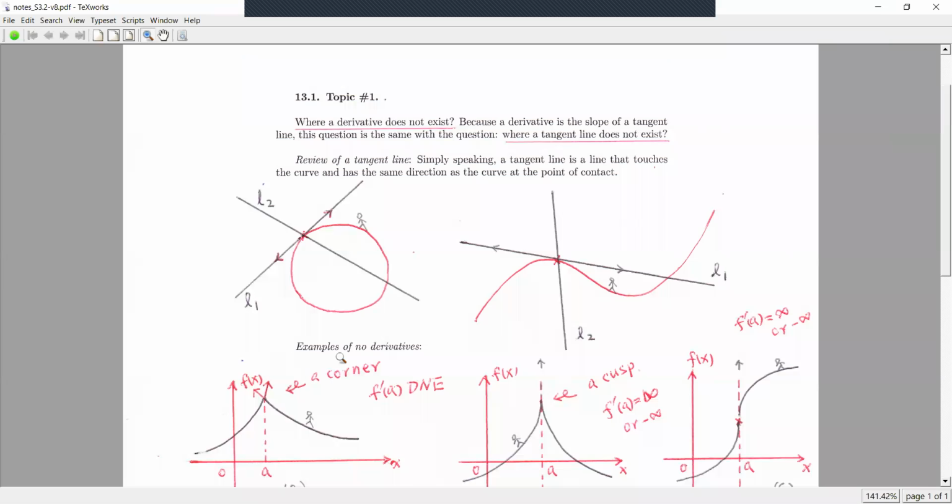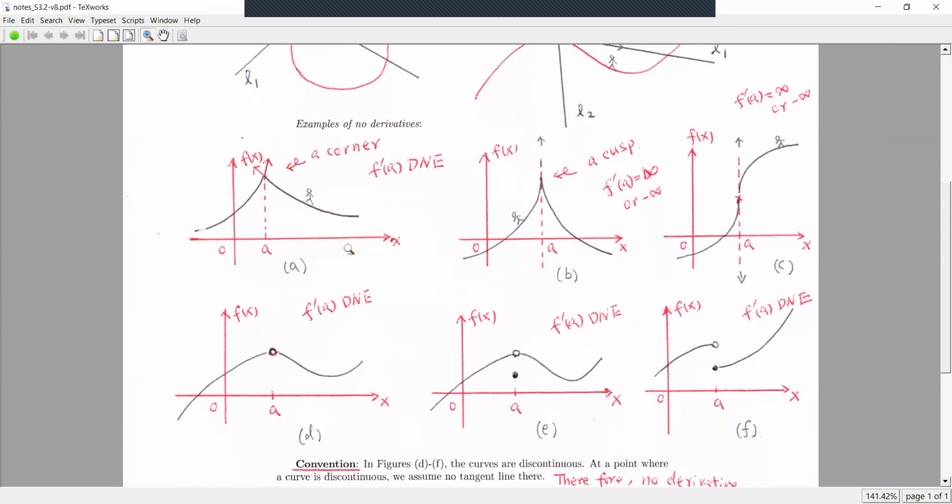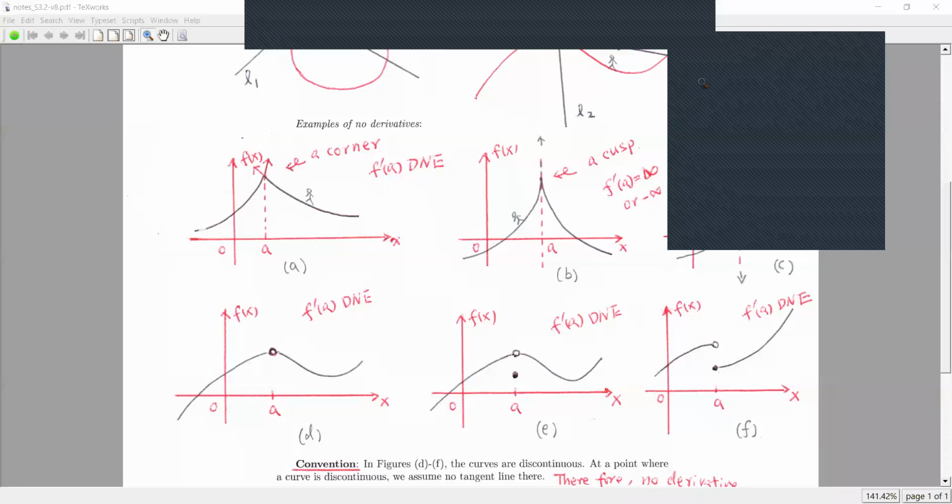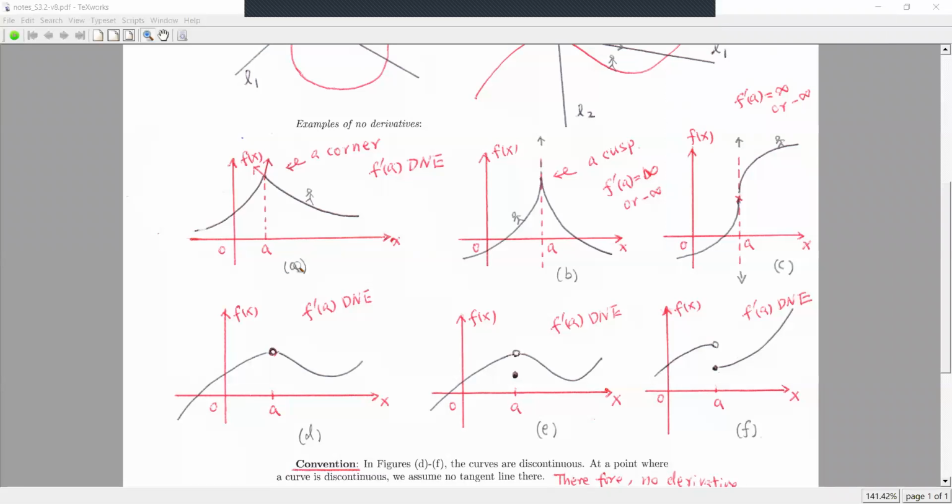Now, let me show you examples about where a derivative doesn't exist. Here we have 6 figures. The functions in these figures don't have a derivative at the point A. Now, consider figure number A. In this figure, the graph of the function has a corner at the point A. When a graph has a corner, no tangent line exists.